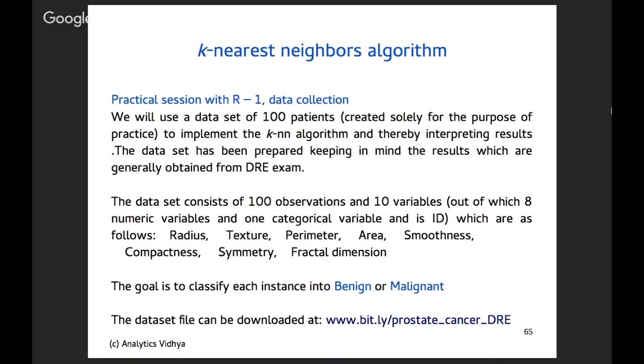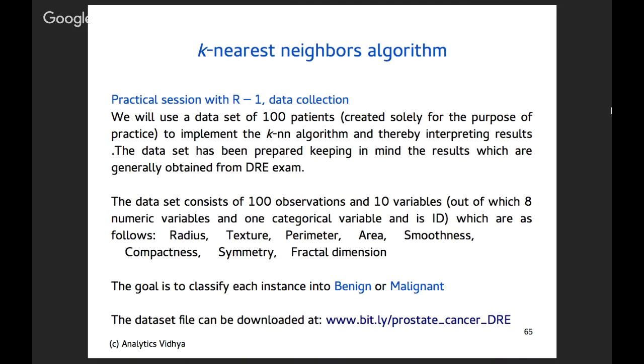That is an example I found on the internet, a set of 100 prostate cancer patients that had an exam called DRE. This exam has several features that describe it, like radius, texture, perimeter, area, smoothness.